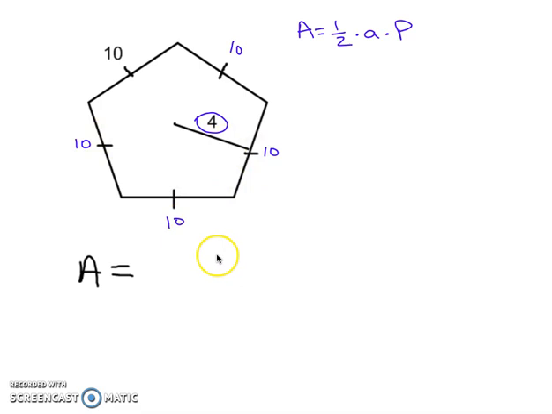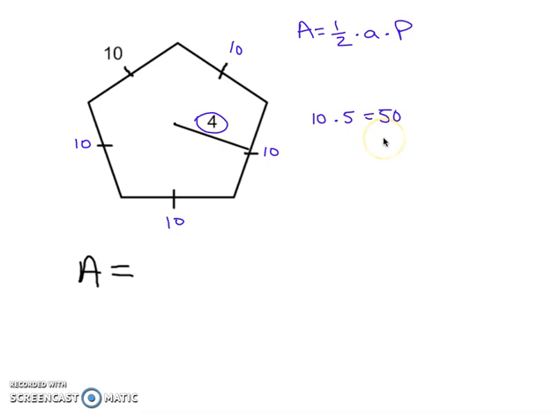And that's what happens in a regular polygon. So for the perimeter, you can either go 10 plus 10 plus 10 plus 10, or you can take side length and multiply by how many sides there are. So we could take 10 times, we can see here we have 5 sides, equals 50 for our perimeter.